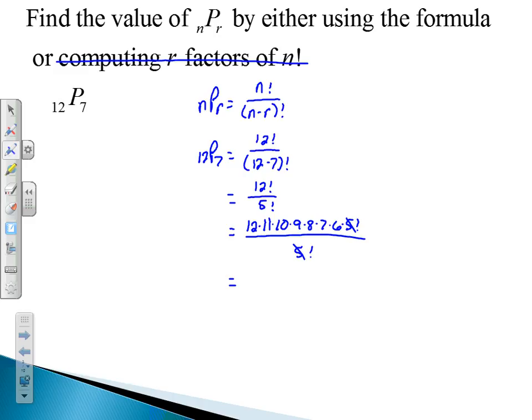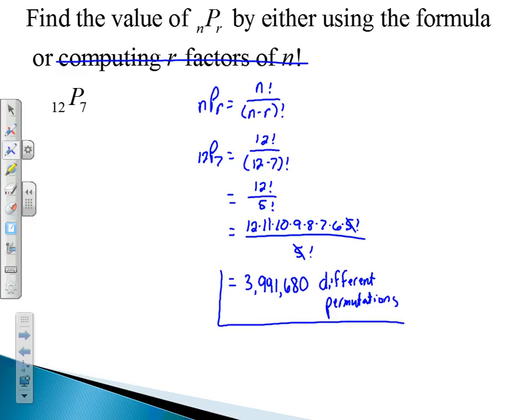So really we're going to just say 12 times 11, 10, 9, 8, 7, 6, which means that we will have a total of 3,991,680 different permutations with the given situation.